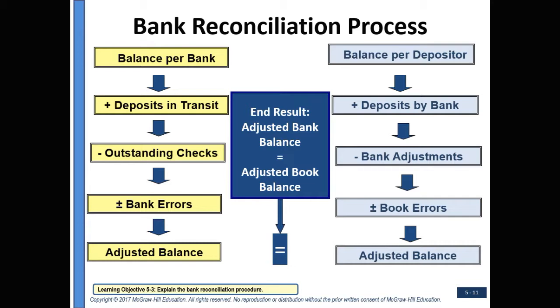We subtract service charges for things such as non-sufficient funds checks, and we add or subtract any book errors that may have been discovered. And then we now have our adjusted cash account balance. The adjusted bank statement balance should equal the adjusted account balance.